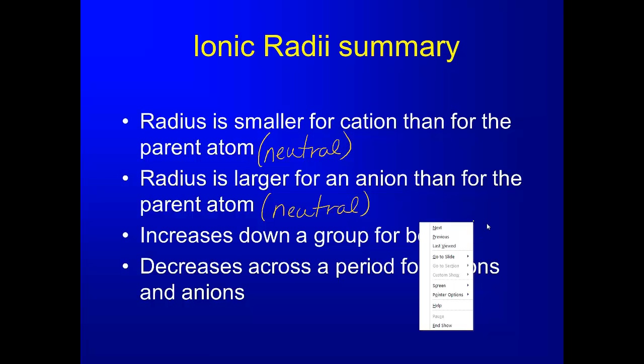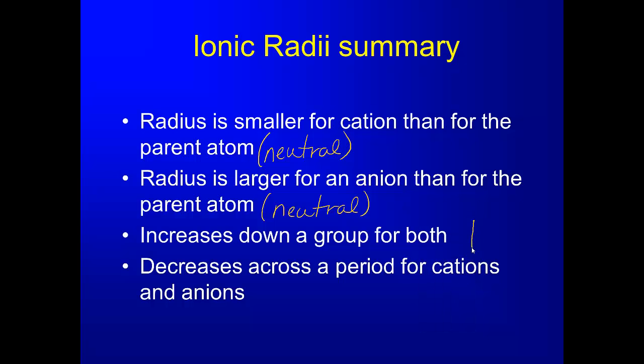You're going to see an increase as you go down, so they get larger. And then you see a decrease going across. One way I kind of keep it in mind, I think, okay, helium up here is my smallest.